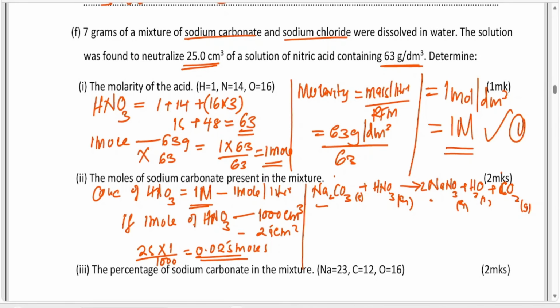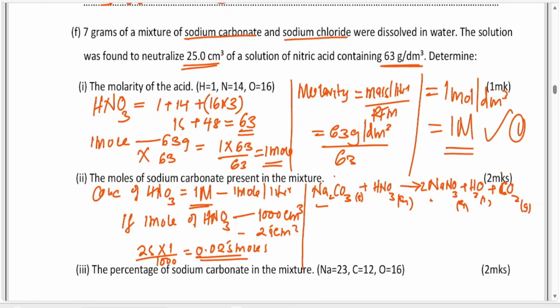How do we balance the equation? We have sodium 2, carbon 1, oxygen 3 plus 3, 6. Look at hydrogen.